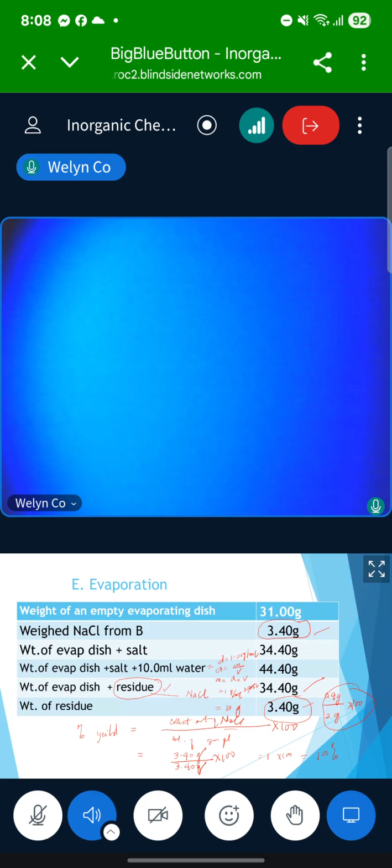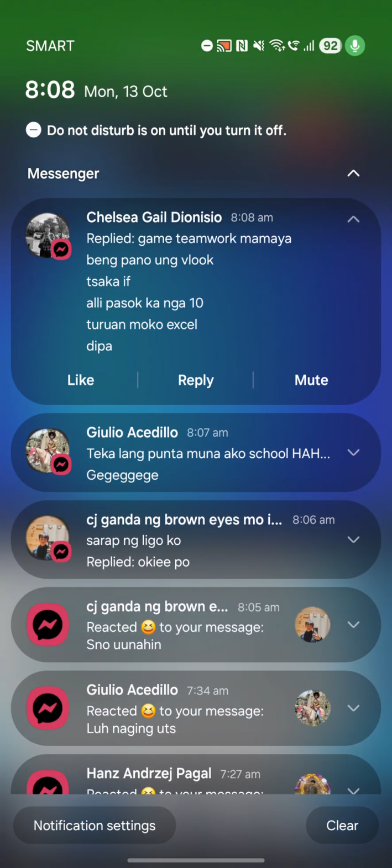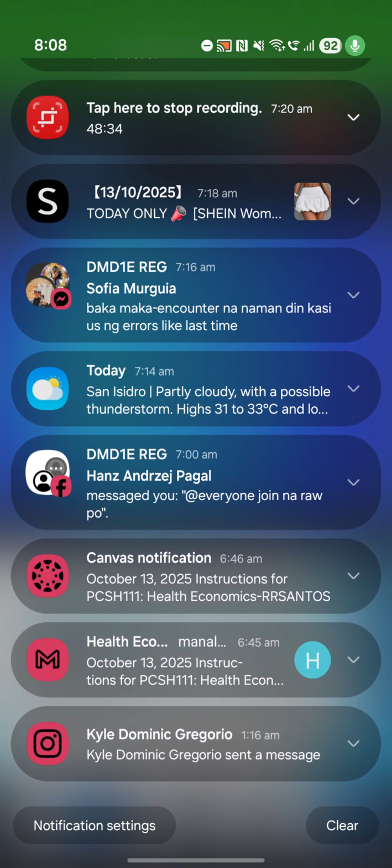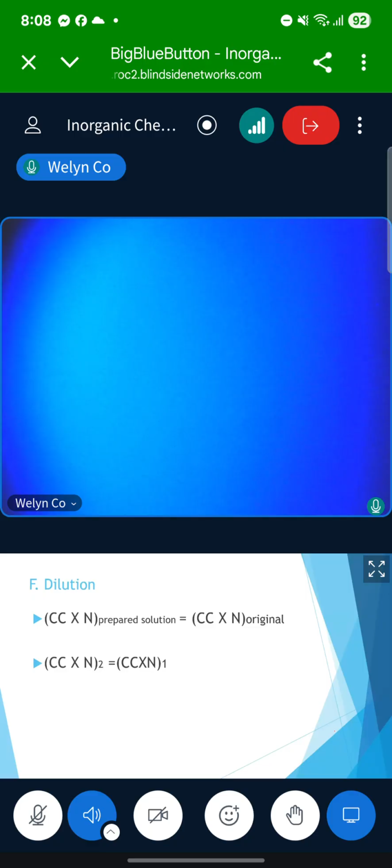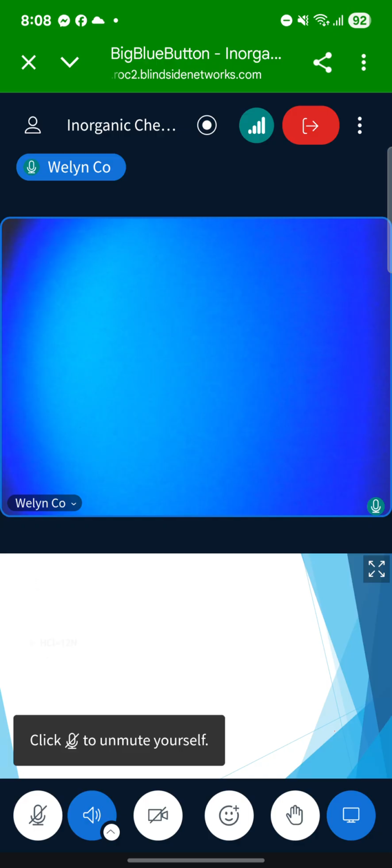So pag ganun sa entrepreneurship, you have to think paano natin i-recover at i-regain ulit yung mga ano natin na yan. Pabalikin yung ating capital. Di ba? Okay. So, for dilution, hindi pa natin gagawin ito dahil i-apply ko yan sa next experiment natin with regards to solution. Na-skip ko yun, di ba?